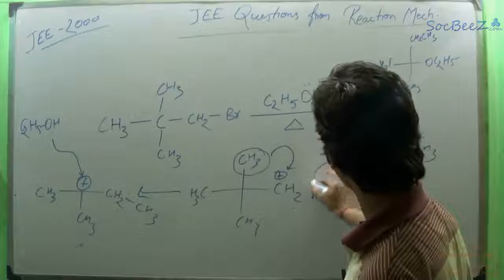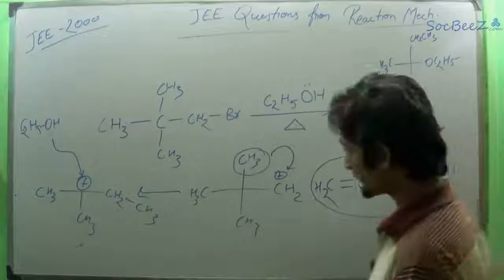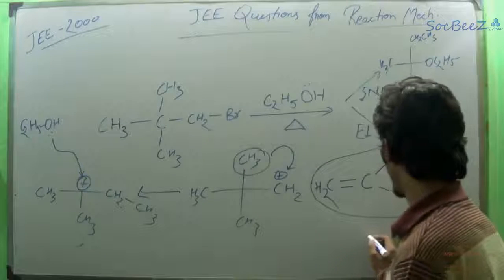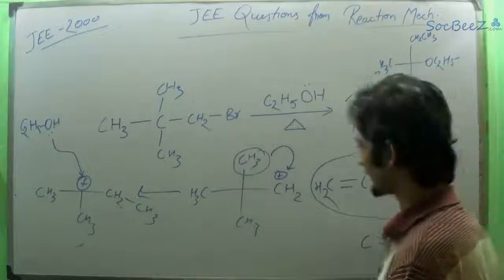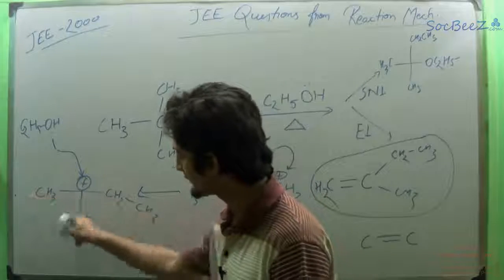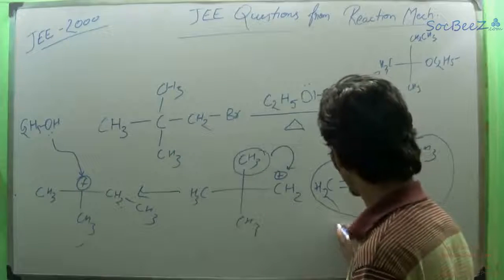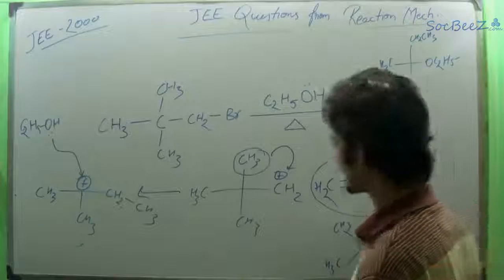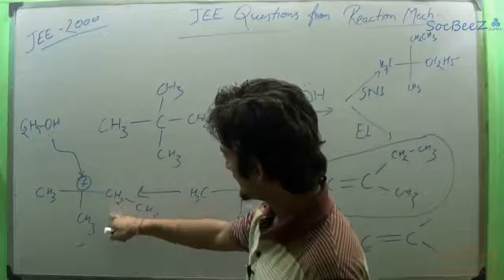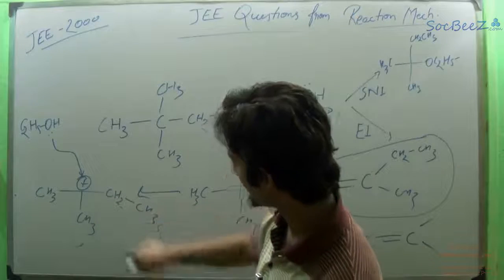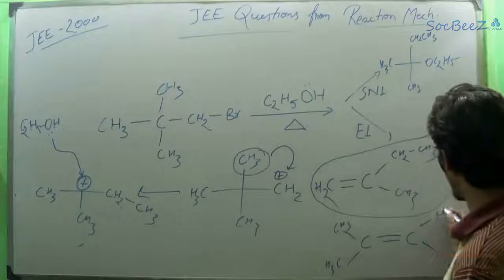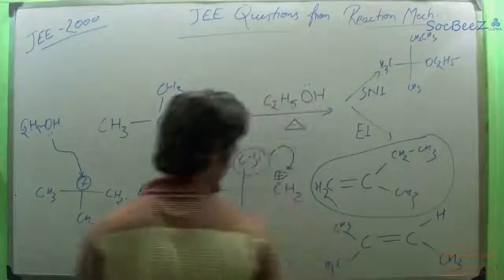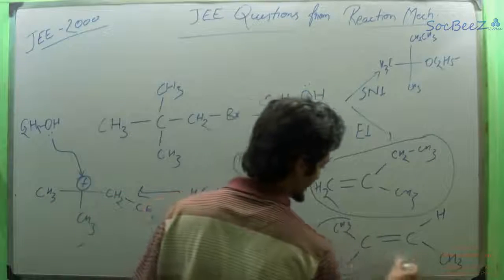So this is one possible product. The second possible product is if it snatches this hydrogen, giving a carbon double bond carbon. Now this carbon has two methyl groups attached, and the other carbon has one H and one CH3 attached. So this is the second possibility.